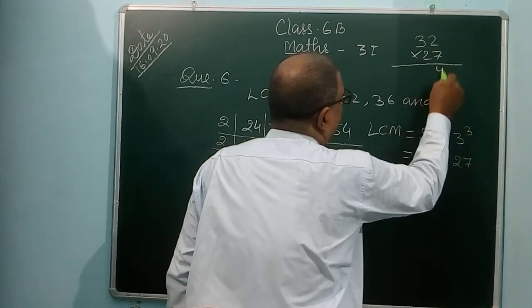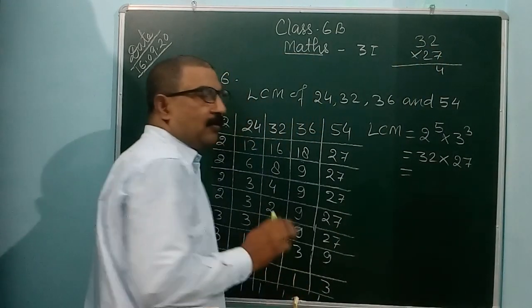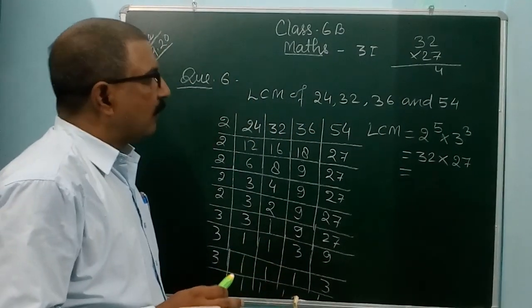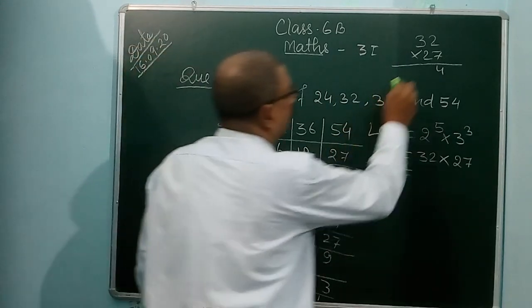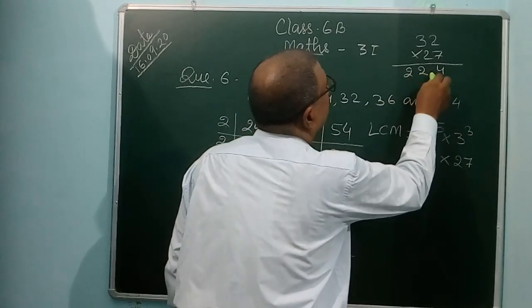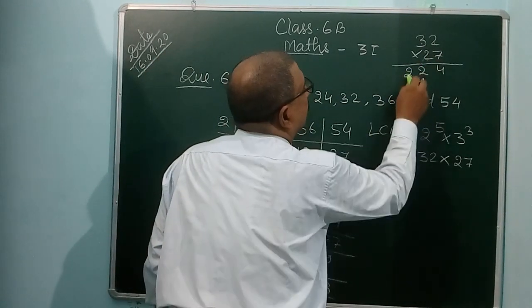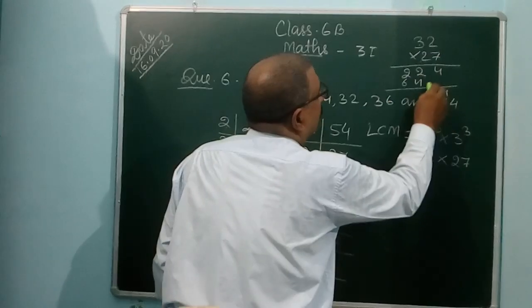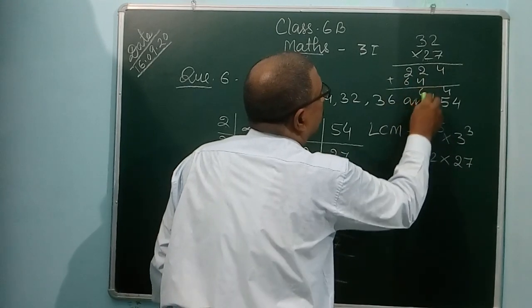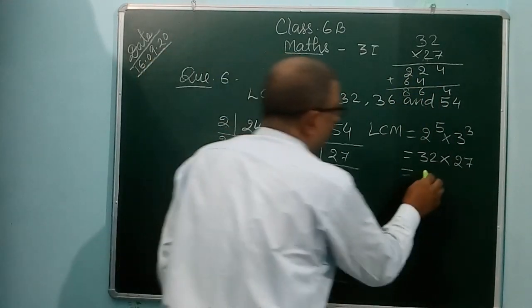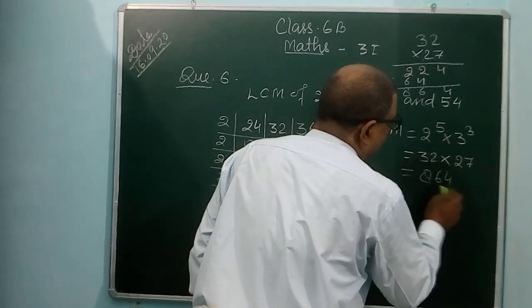7 2s are 14, 4 and 1 carry; 7 3s are 21, and 1 is 22. 2 2s are 4, 2 3s are 6, 4 4s... so 864.